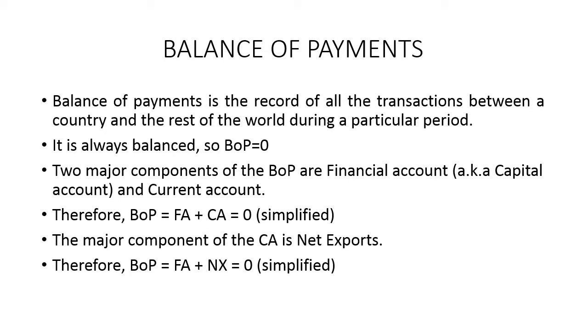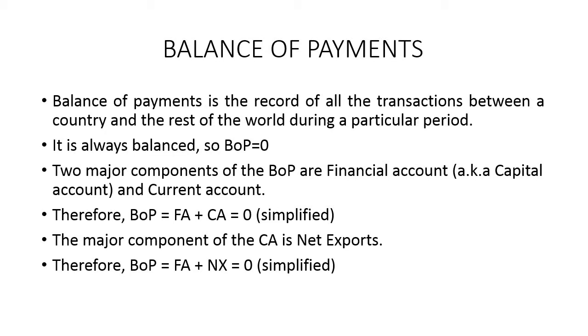So the major component of the current account is balance of trade or net exports. It also includes net income from abroad and net current transfers. But again, if we assume that these two items are really minor in comparison to net exports, you can neglect them.